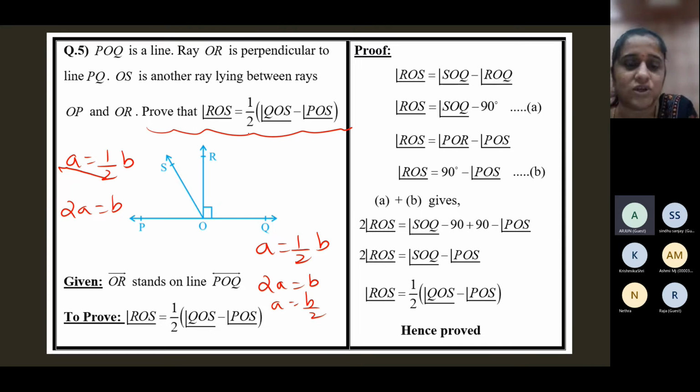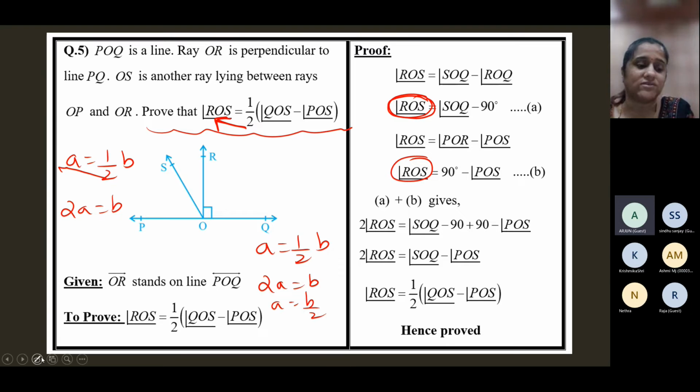Similarly here, children, when you cross multiply, what will you get? Twice ROS. So what I've done is I have written angle ROS in two different ways.